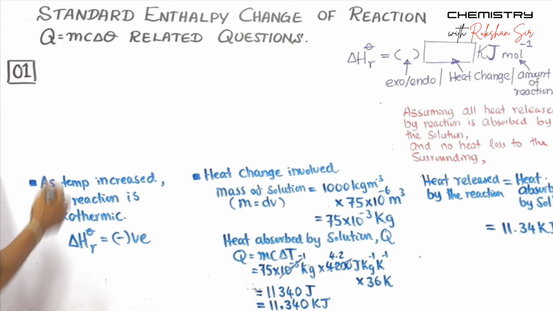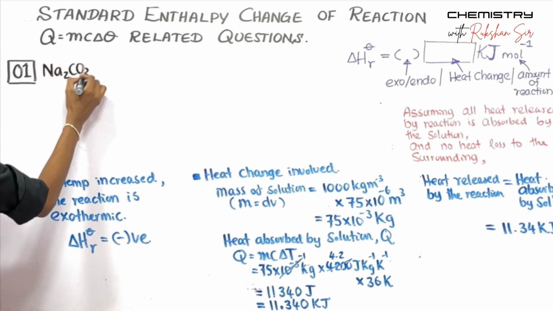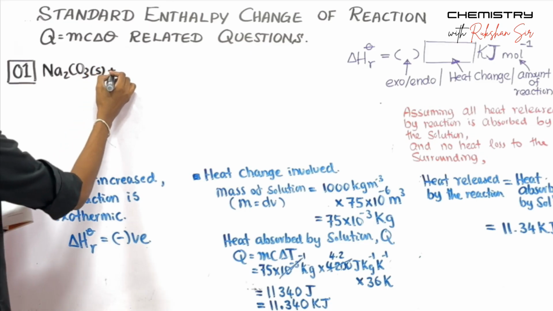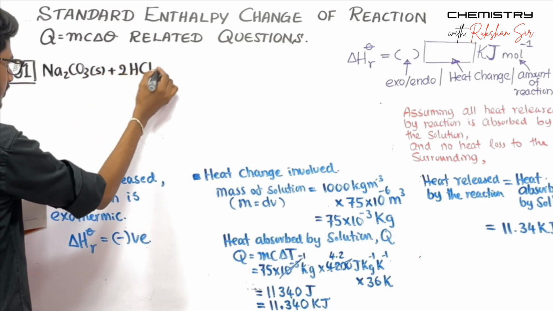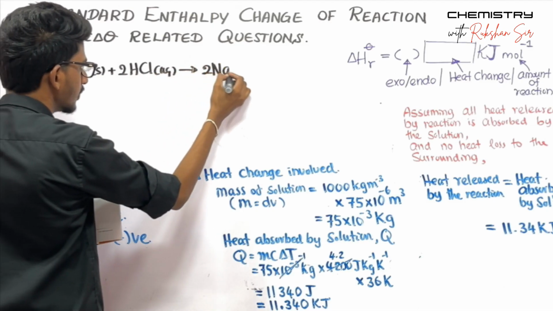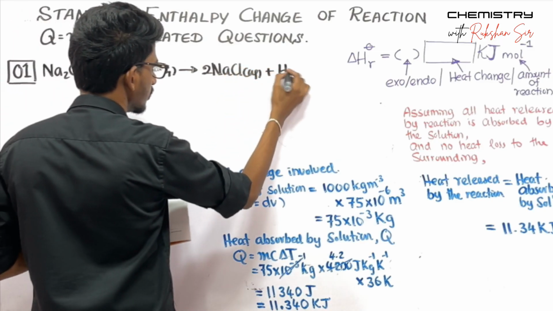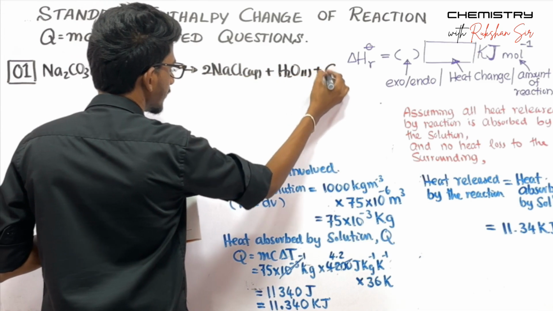So the reaction is Na2CO3 solid reacting with 2 HCl, to give you 2 NaCl aqueous plus H2O liquid plus CO2 gas.